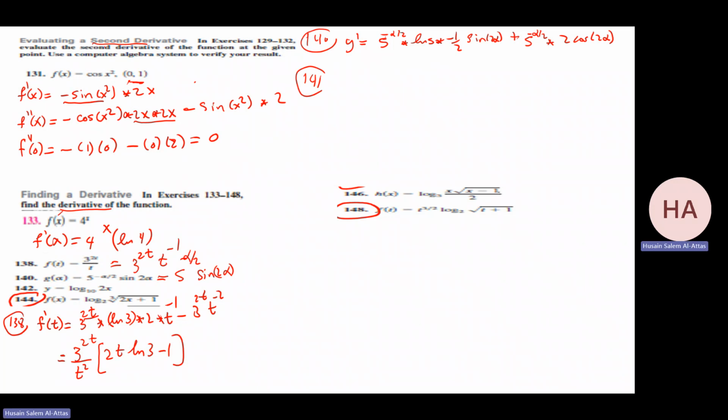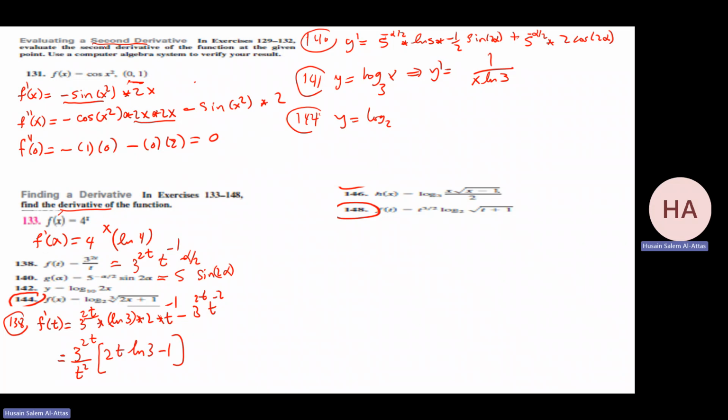141. Y is log x with the base 3. So it will be y prime 1 over x ln 3. This is ready. 142. Y equal log with the base 2. Log with the base, 144 I mean. 144.